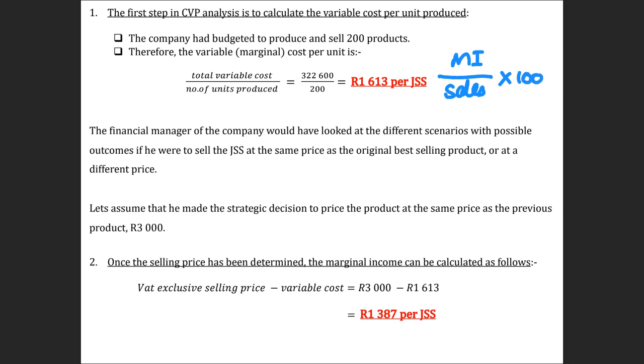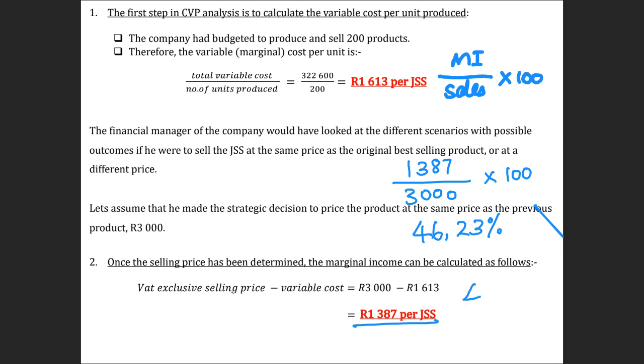So here we would have your marginal income of 1,387, that's here, over the sales of 3,000, multiplied by 100, and that gives you a figure of 46.23%, which we'll round off again to 46, the closest whole number.